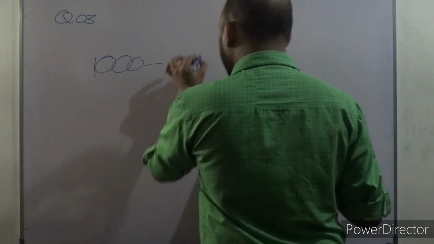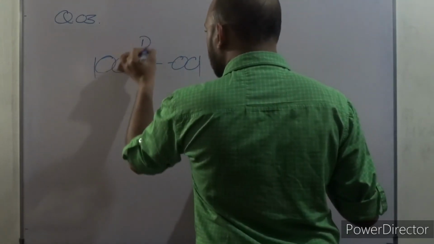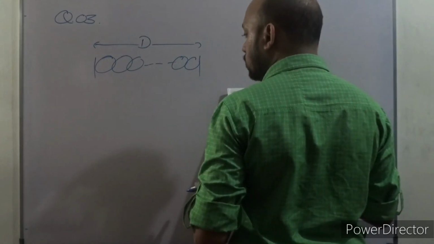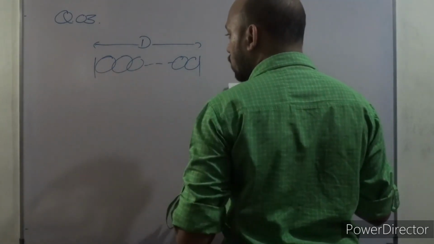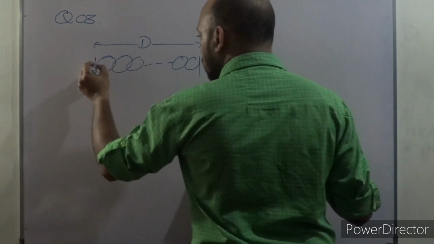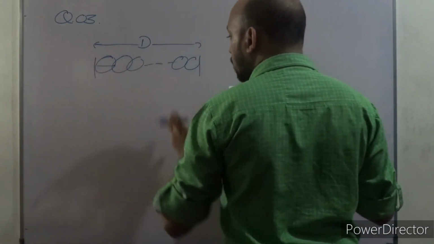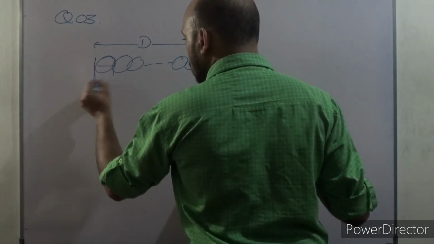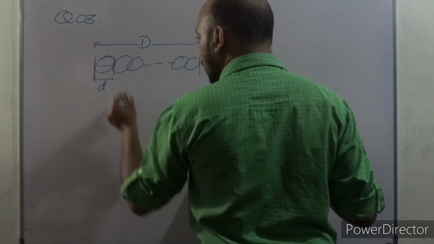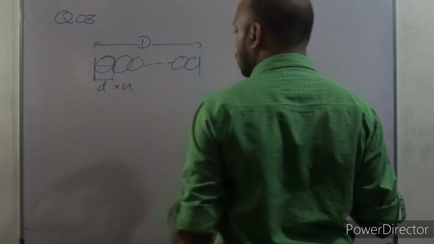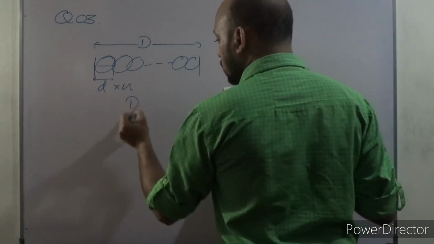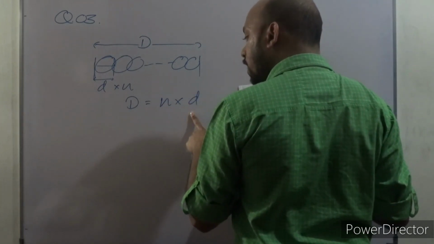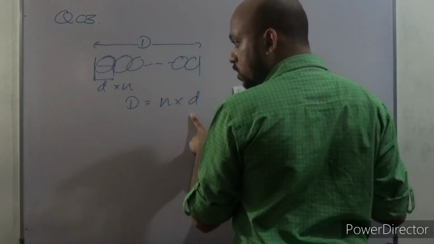If we consider the total distance of the spheres, it is D. If each diameter is d, there are n of them, so D equals n times the diameter of each sphere.